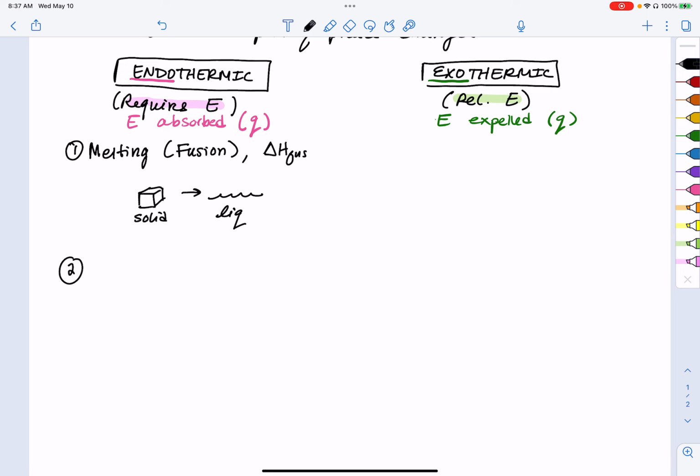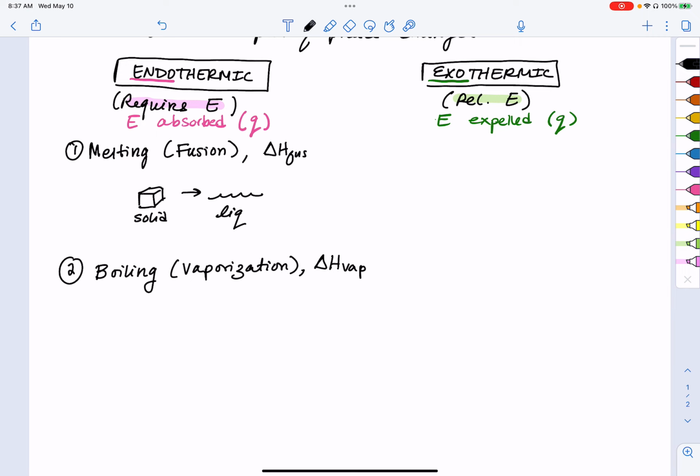All right, that brings us from solid to liquid. Now we have liquid to gas. So we have the process of boiling, or what we call vaporization, which has a heat of vaporization associated with it.